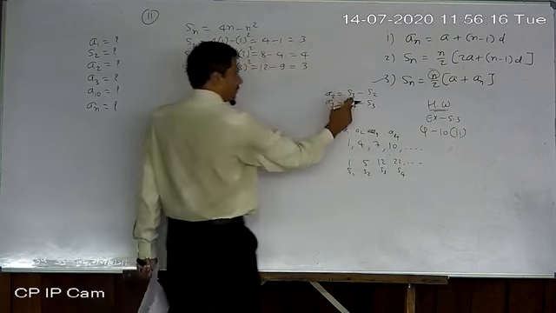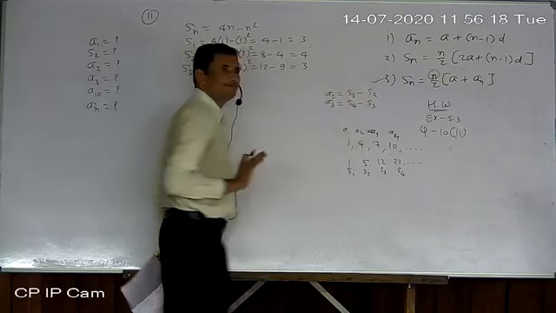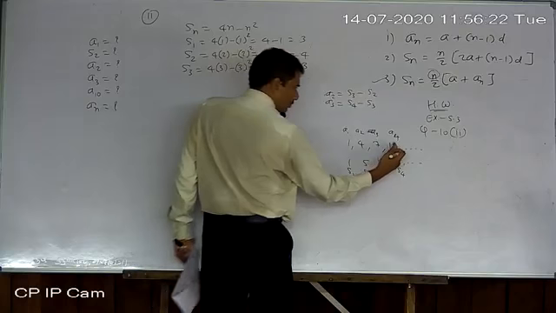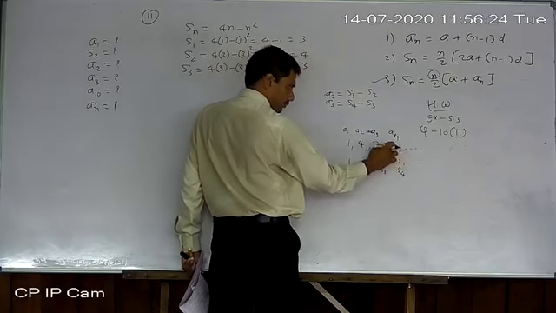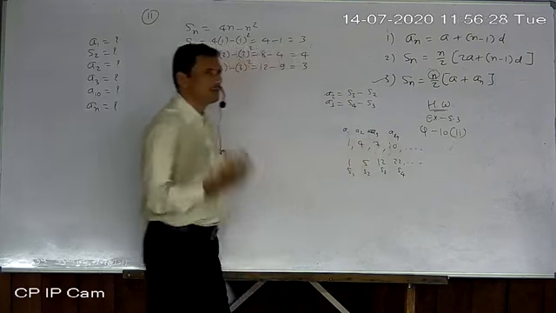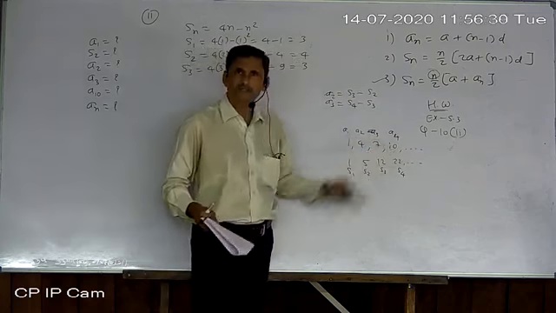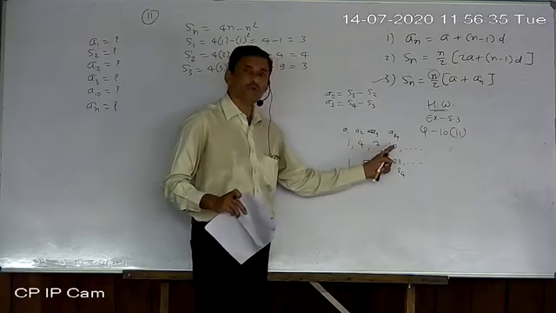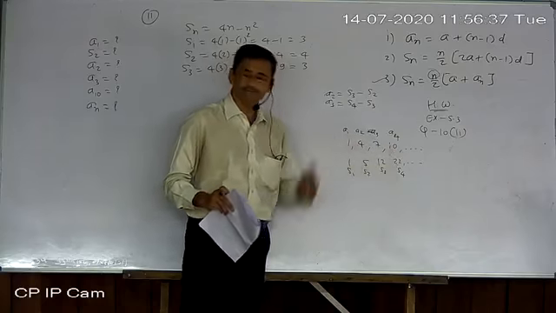And obviously you can understand it. If you make the total of up to 4 terms, and if you subtract the first 3 terms, then obviously what will be left? The last term only. Again, if you make the total of all 4 terms, it is 22.